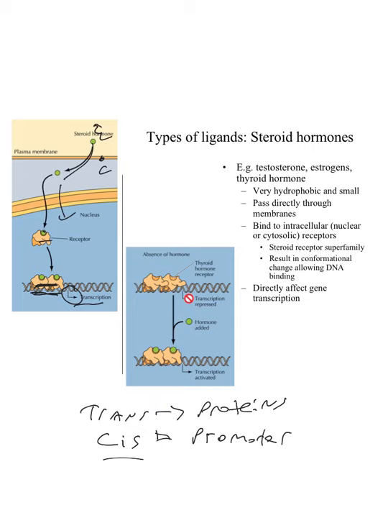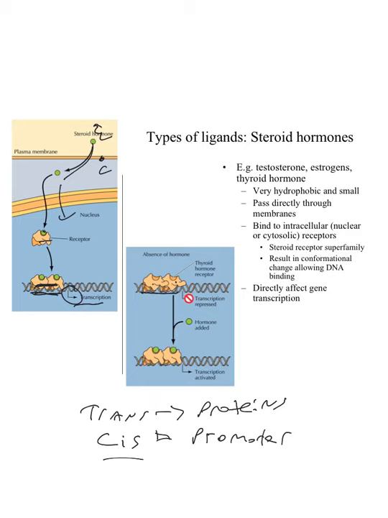Here's another example. Here, the trans factor's already homodimerized and already exposing DNA binding domains that allow it to interact with the promoter, but it's acting as a transcriptional repressor because it's not in the right shape yet to recruit the RNA polymerase.